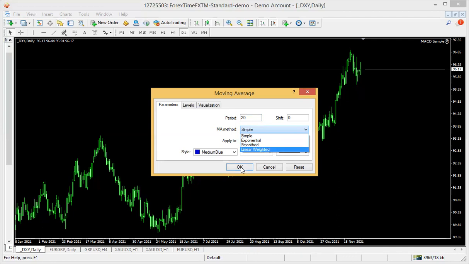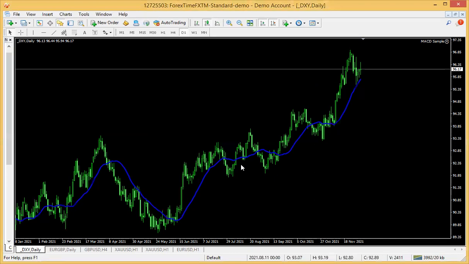So now I'm picking simple moving average for this class, and I just want to explain what single moving average is and double moving average. So I'm going to pick single moving average, okay? On this single moving average, for you to be able to sell, this candlestick must be below this moving average.